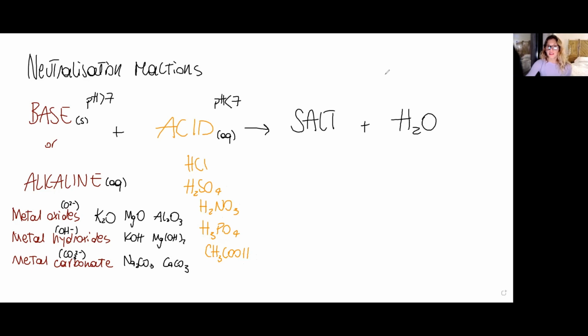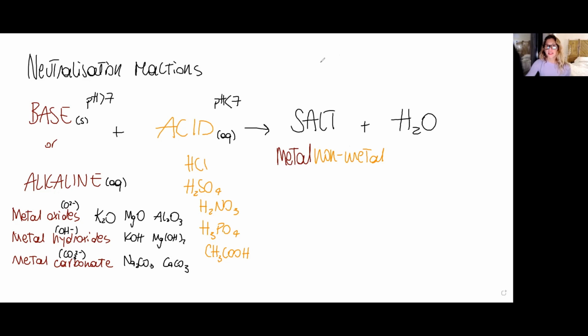Salt. A salt is neutral, first of all, but it's an ionic compound that is made from a base and an acid reacting together. The most important thing to know is that the metal of that salt comes from the base or the alkaline, while the non-metal always comes from the acid.